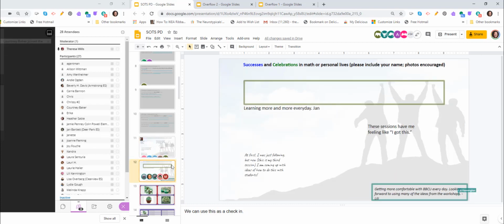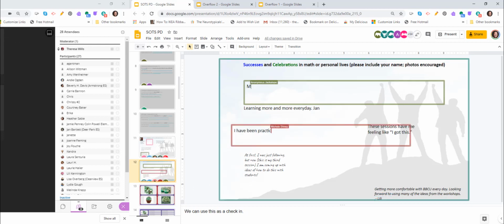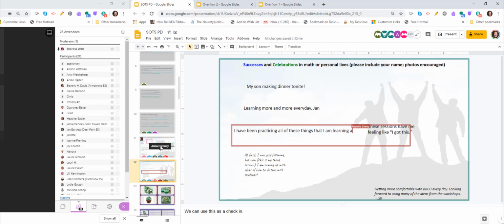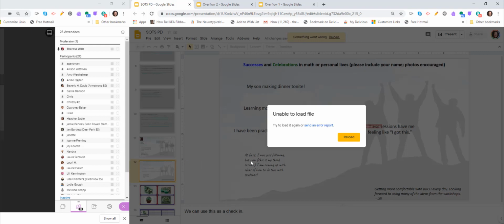You can change your font. I'll ask a couple of you to turn on your microphones and tell us a little bit more about this. Whoever said these sessions have given me a feeling of I got this, tell us what you are using. What is nice about this?